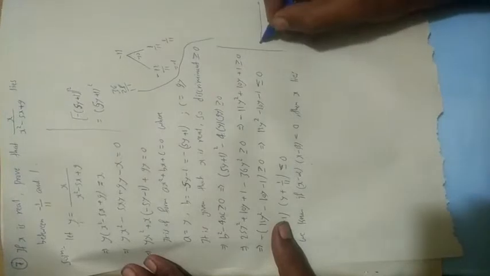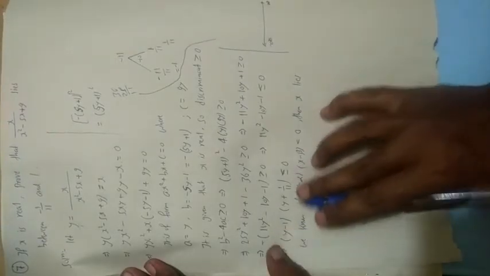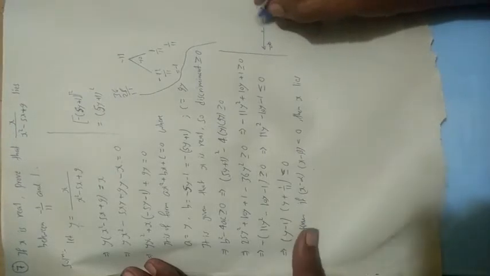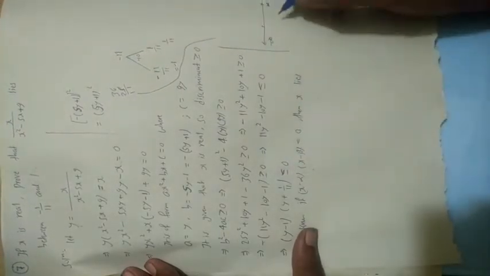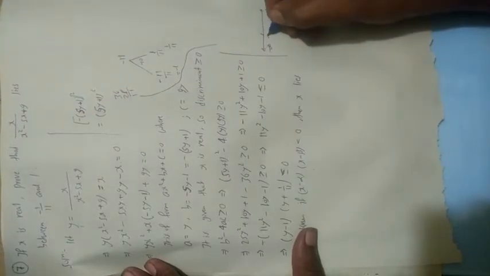Now draw this number line, okay. This is minus infinity and this is plus infinity. And this is one part, this is 1 and 1 by 11. So first will be 1 by 11, okay. This is 1 by 11. So this is minus 1 by 11, okay. This is minus 1 by 11 and this is plus 1.